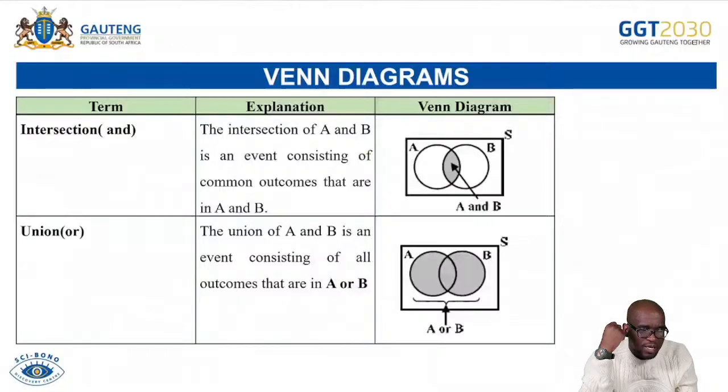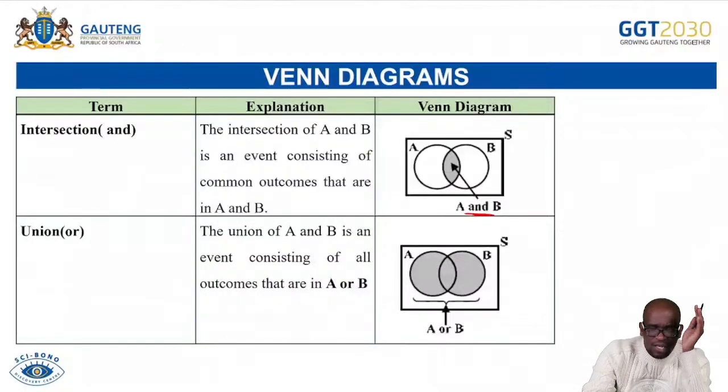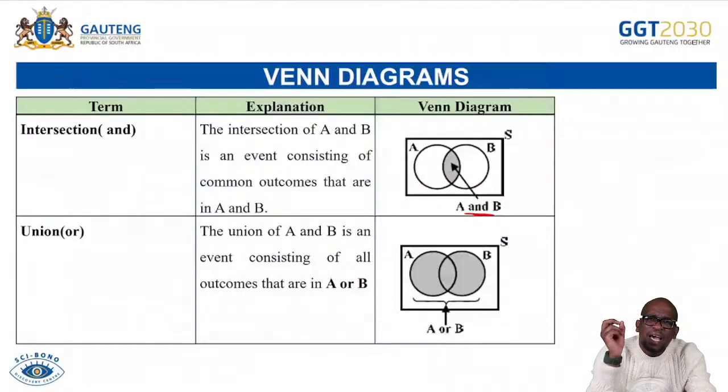Venn diagrams now, intersection. Let's look at the Venn diagrams to explain some of these probability terminologies or concepts. When we talk about an intersection in the context of probability, we are going to be using AND, all right? AND means intersection. Remember, AND in probability and AND used in ordinary English is not the same, all right?